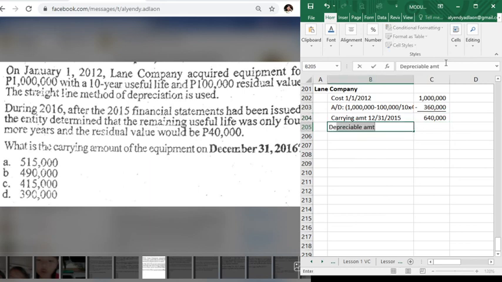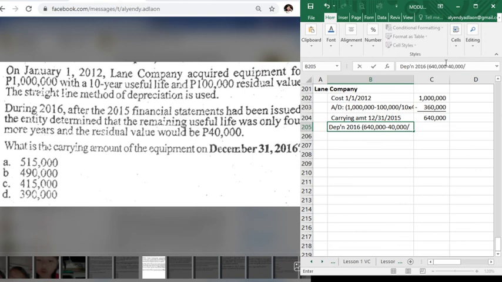And then, the depreciation for 2016. Now, class, since the residual value changed, it should be 40,000 pesos. So, 640,000 minus 40,000, and then divided by how many years? Accordingly, the remaining useful life was only 4 more years.